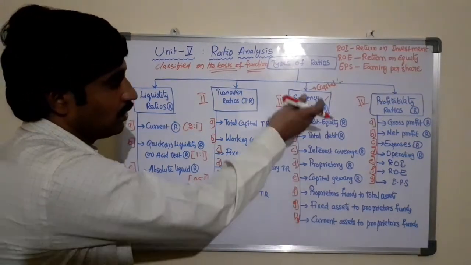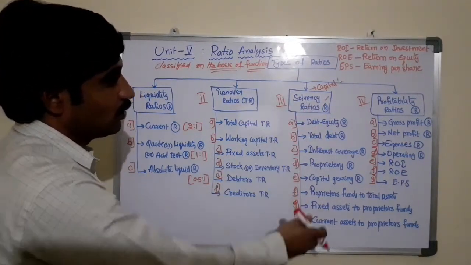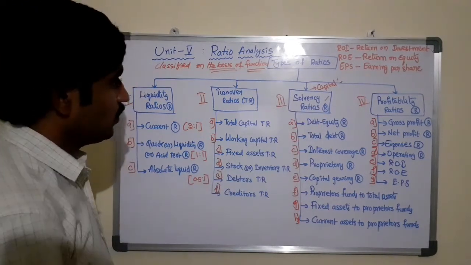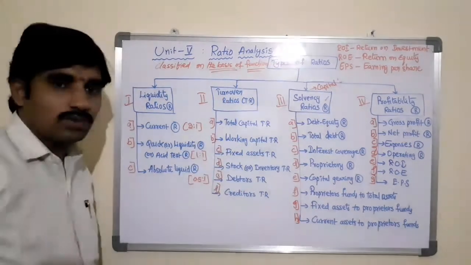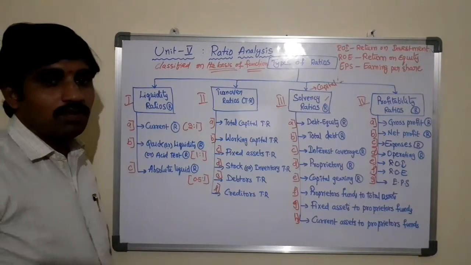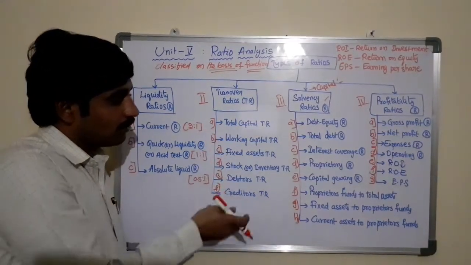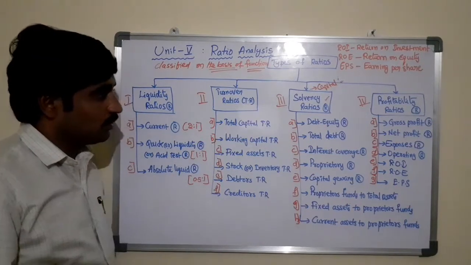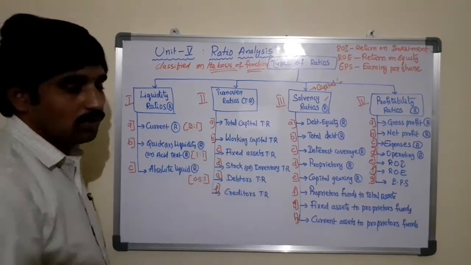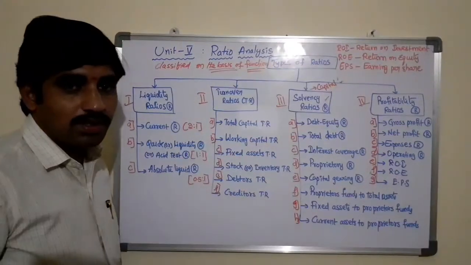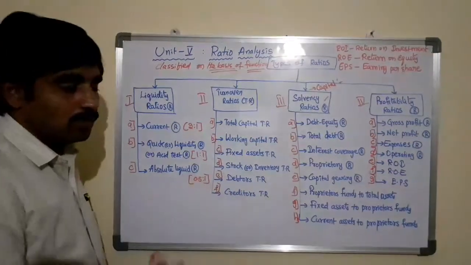To know that information, we require to apply these ratios. And turnover ratios are used to determine the turnover position, that is the sales position of the company. For that we require to apply all these turnover ratios in order to know the turnover position or efficiency of the company with respect to sales.